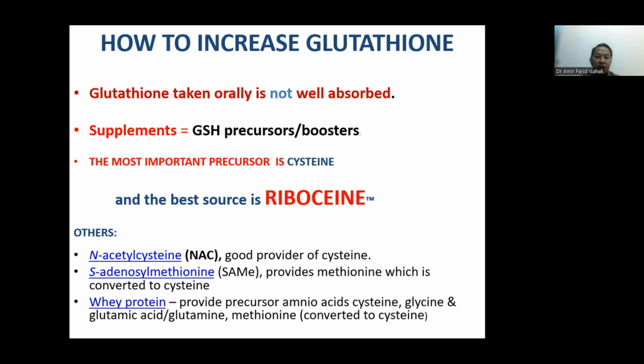Okay, and right now on the market, the best source of stable cysteine is Ribosine, which is actually a molecule called ribocysteine. Ribose plus cysteine, shortened to ribocysteine and trademarked as Ribosine. And Ribosine is 300% more efficient in boosting glutathione compared to the next best precursor, which is NAC.